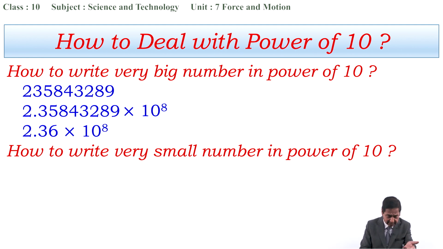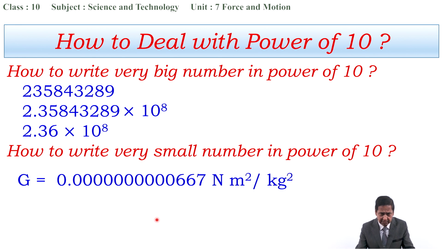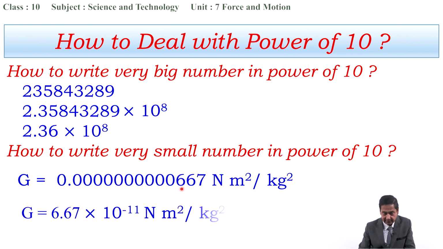Let's take what we did previously, 0.0000667. This is the value of the gravitational constant, isn't it? And this is a very, very small number, millions of billions of times less than 1. Now how to write this? We can shift this decimal point from this place and put it between these two 6s like this.